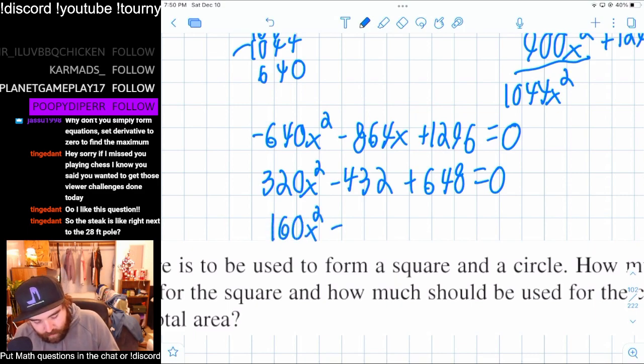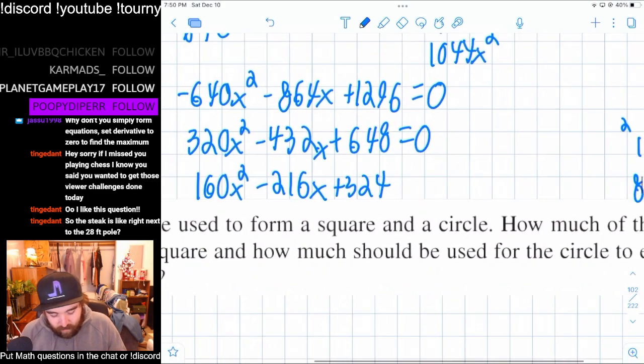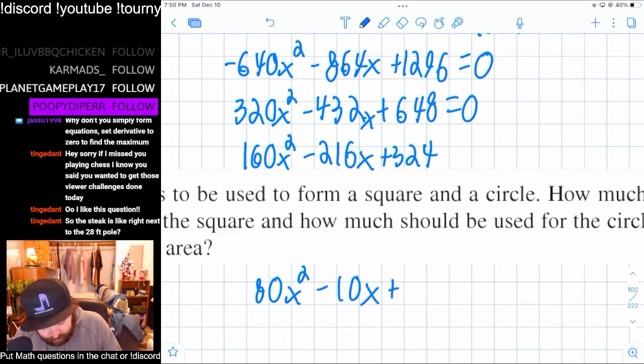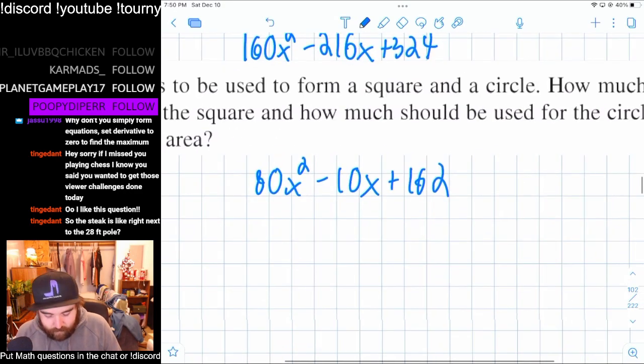320x squared minus 432x plus 648. Can divide by 2 again. 160x squared minus 216x plus 324. Can divide by 2 again. 80x squared minus 108x plus 162. Okay.